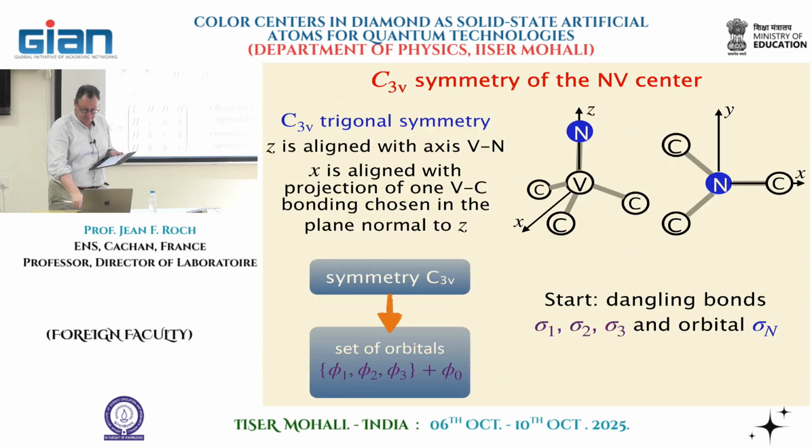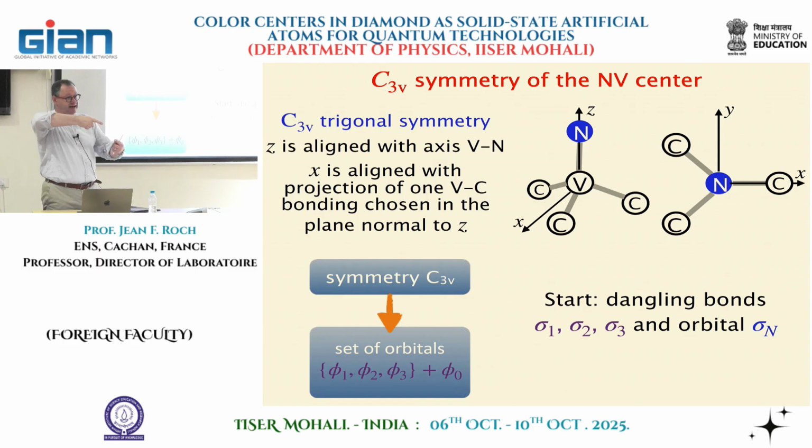And the symmetry of the defect is what's called the trigonal symmetry, C3V. So Z, we take it aligned on the NV axis by definition, and X, we define it by the projection of one NV onto the plane normal to Z. One vacancy carbon atom can be random, okay? Because all three directions are equivalent.